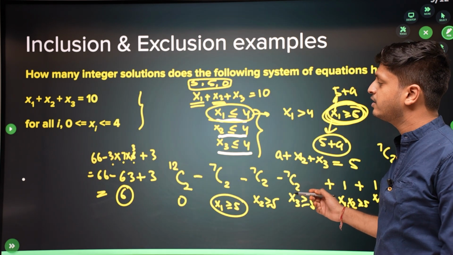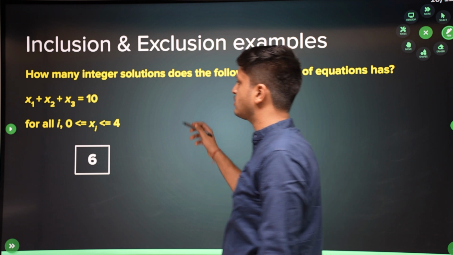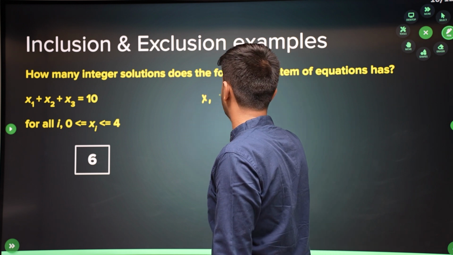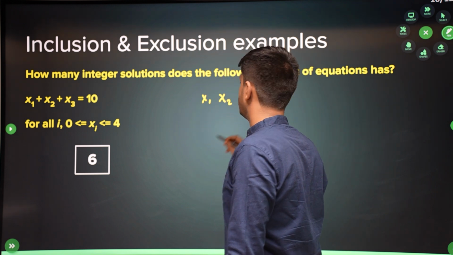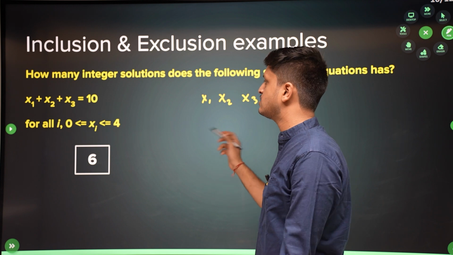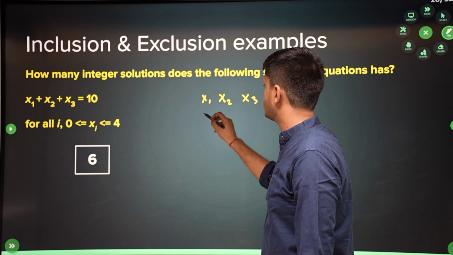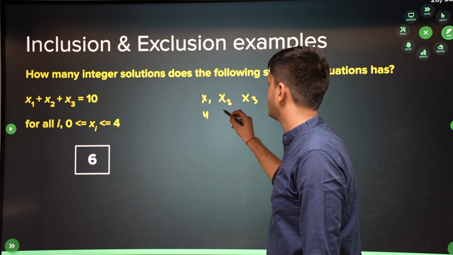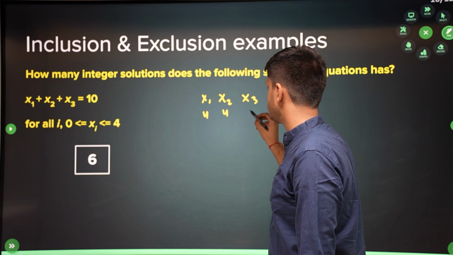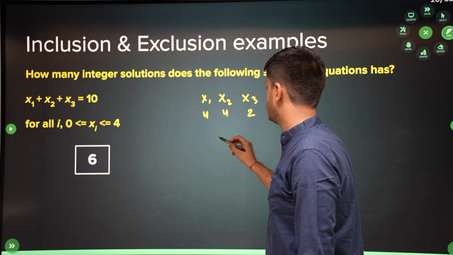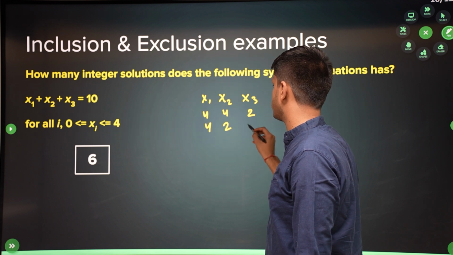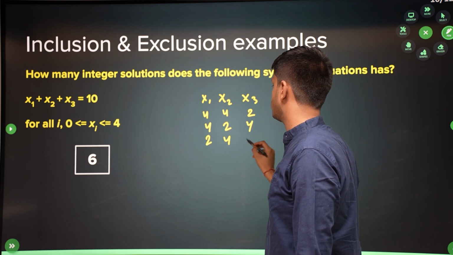Since there are only 6 solutions, we can also write them down as x1, x2, x3. Since all of them have to be between 0 and 4, let's start with 4. One such solution will be 4, 4, 2. Then 4, 2, 4. Then 2, 4, 4.